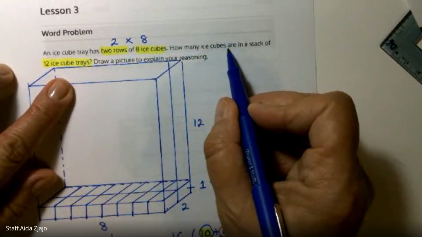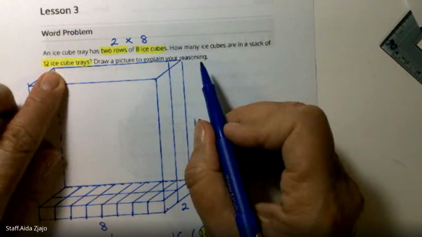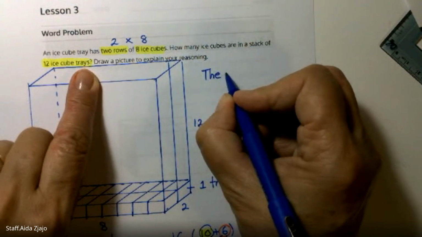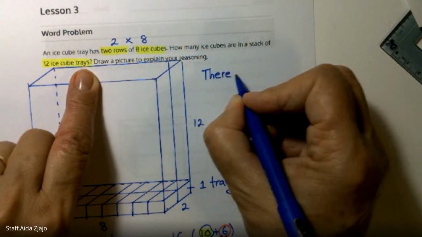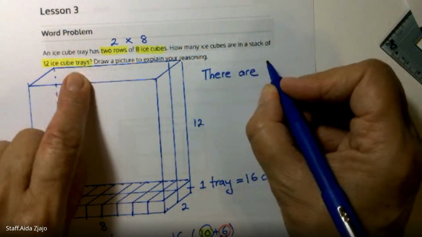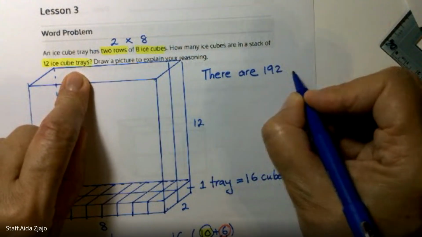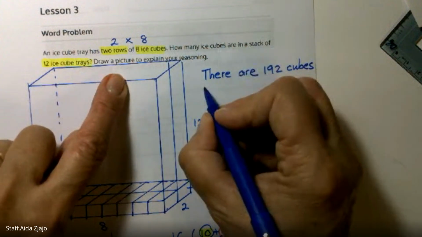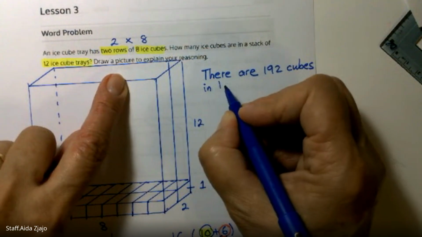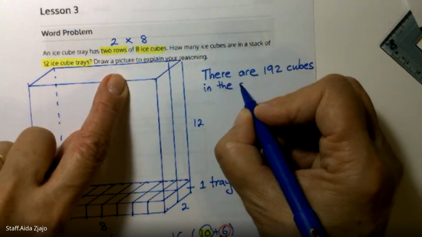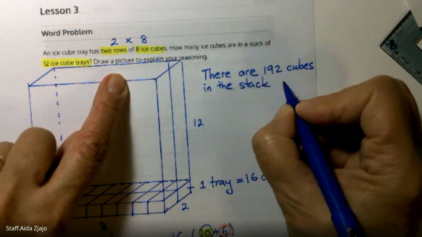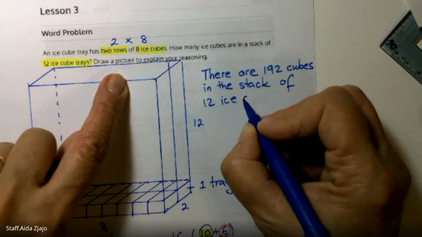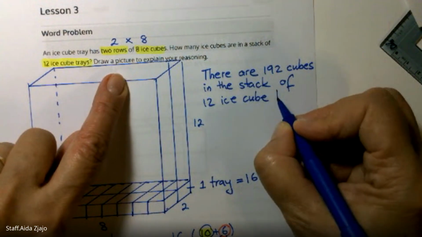There are 192 cubes in the stack of 12 ice cube trays.